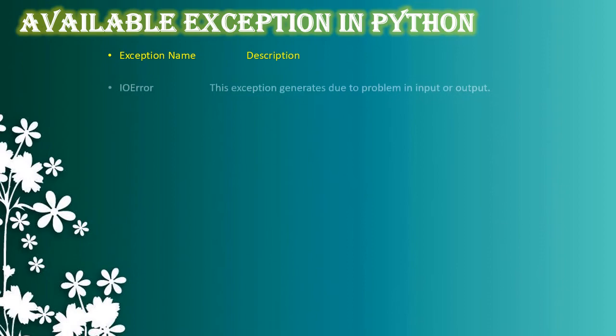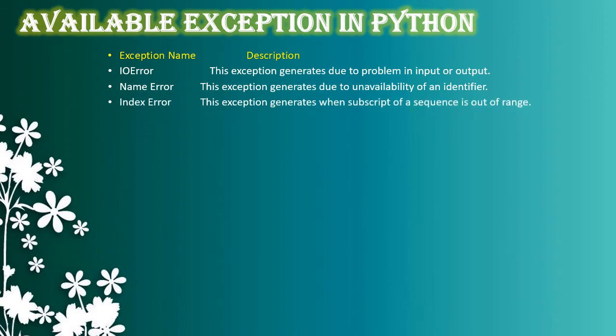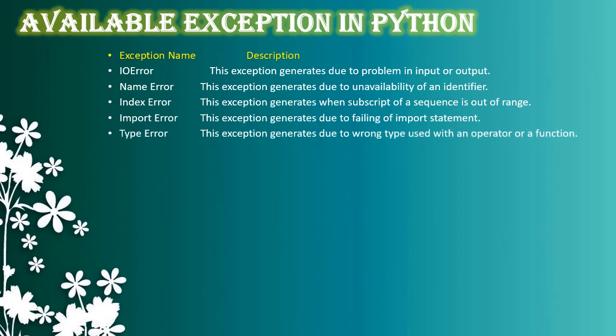There are the following exceptions available in Python. IO error occurs when there is any input output problem. If an unavailable identifier is used, a name error occurs, and if you give an index out of range, an index error occurs. If you forget to import any package, an import error comes, and a wrong data type gives a type error.